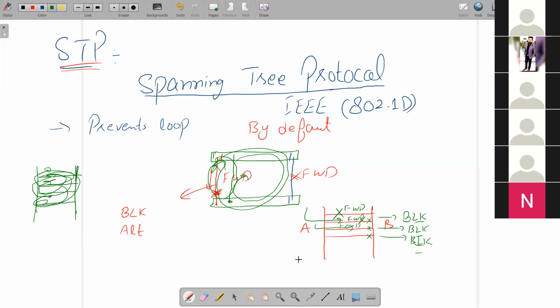It's not a good thing, and we will discuss this later, but this is the good thing STP does. It prevents loops. It's a loop avoidance mechanism, and it is enabled by default on every switch. I hope the class is with me.